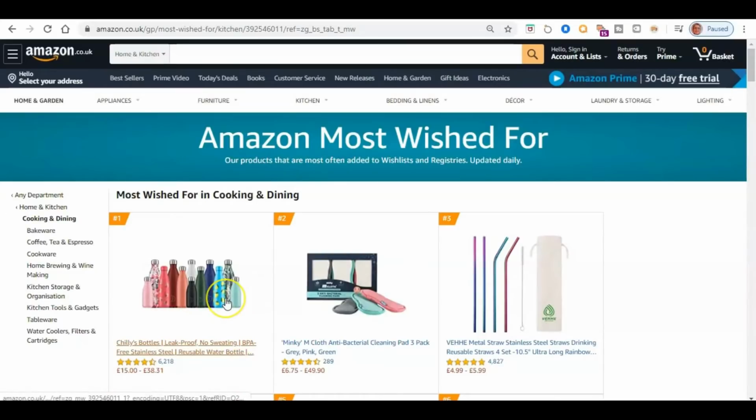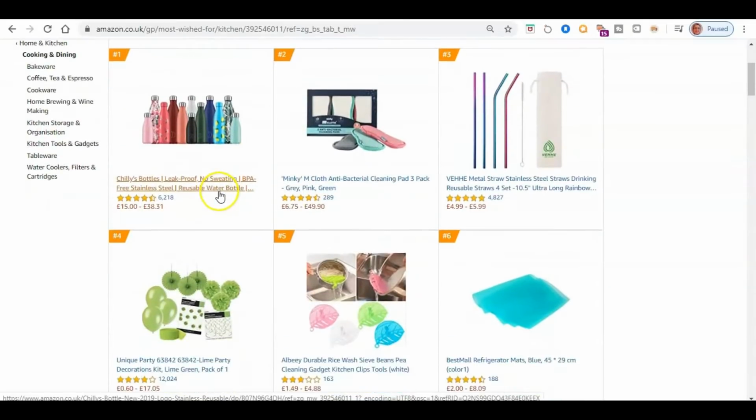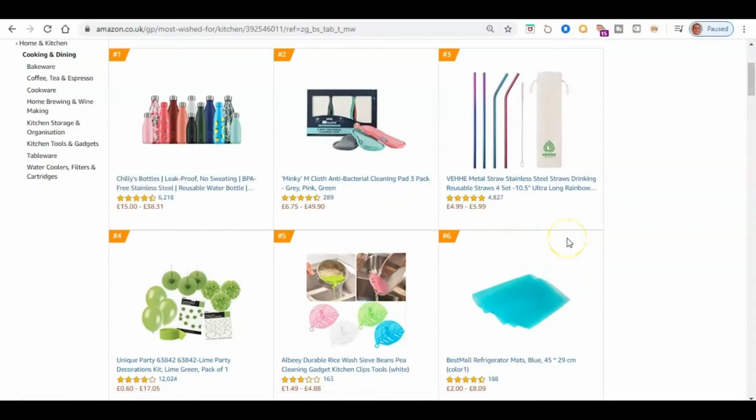So bottles, we know these reusable bottles are incredibly popular. Now, the only thing is, you can buy them quite widely in stores. So I would probably tend to stay away from those, even though I know that on AliExpress, where we're going to get our products, they've got some amazing designs, but I do think it's a little bit too saturated, and probably not something that I would want to sell in my store.